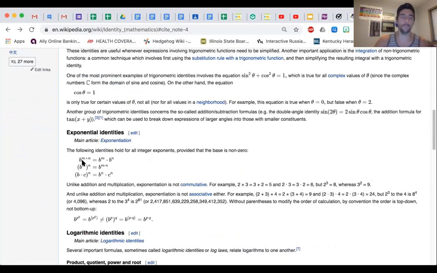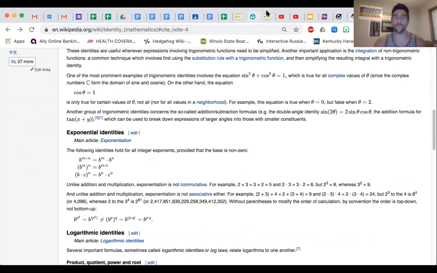If I have some base raised to the m plus n, that's equal to that base raised to the m times that base raised to the n. These are all examples of identities. They're just equivalent math expressions. And that's what's happening in this objective: you're trying to get better at identifying equivalent trigonometric expressions so you can substitute in order to find limits.